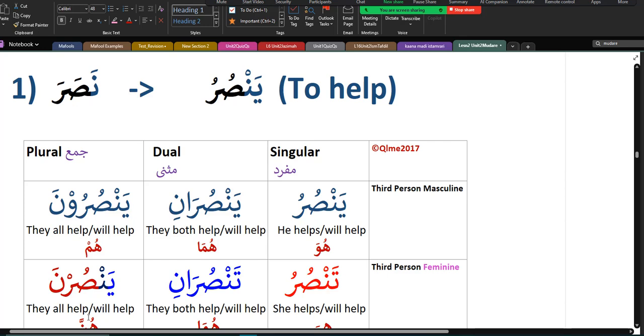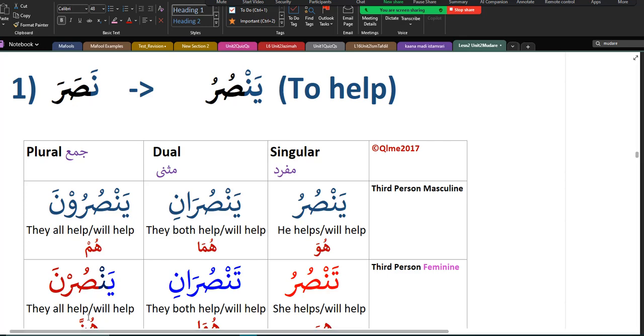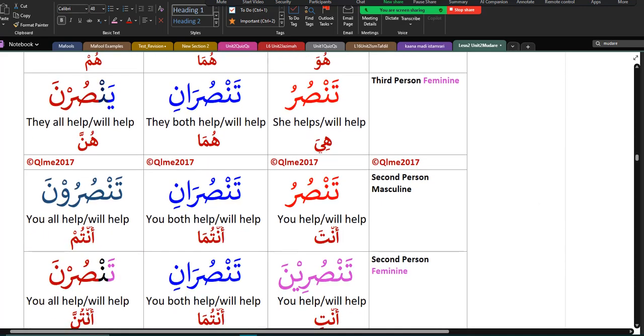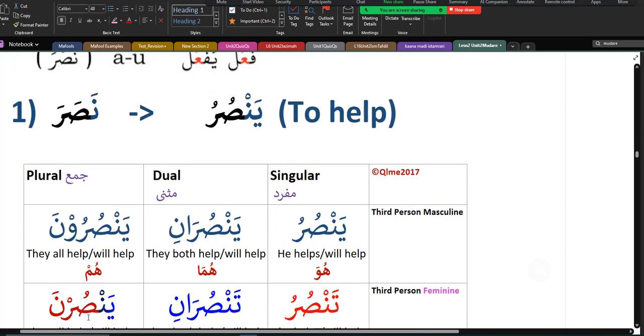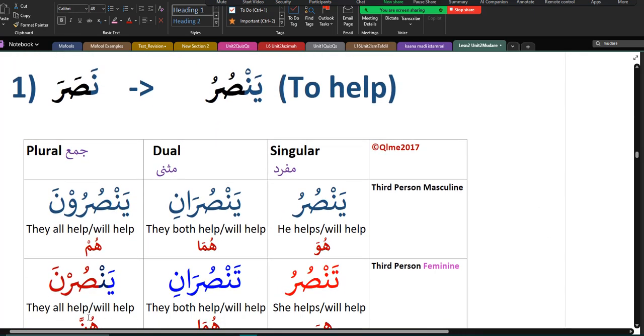What is the meaning of tansurna? Tansurna: you all female help, or will help. Very good. What is the meaning of ansuru? I help, or I will help. Very good.